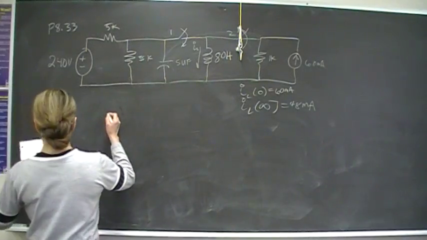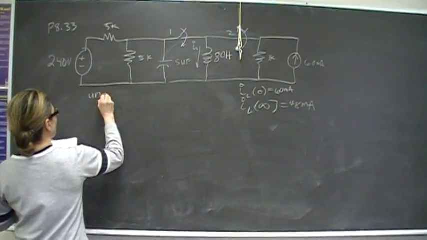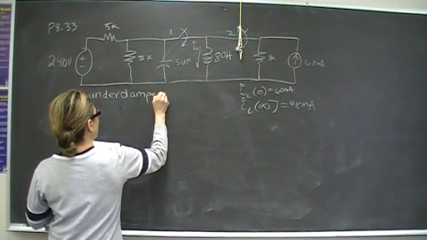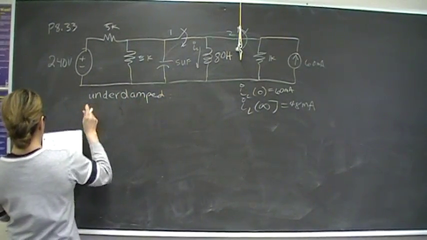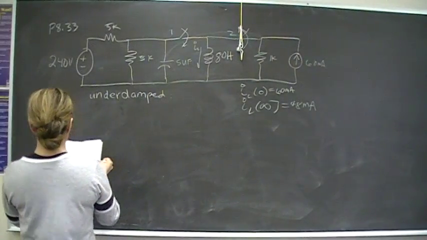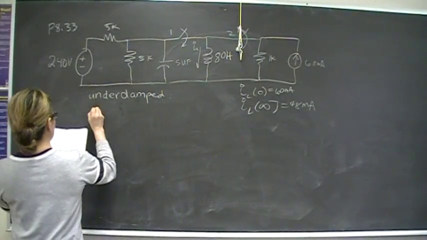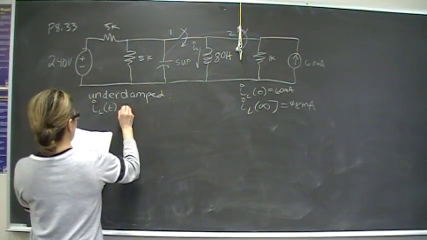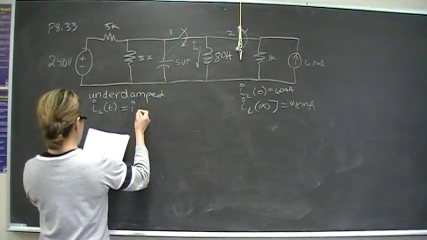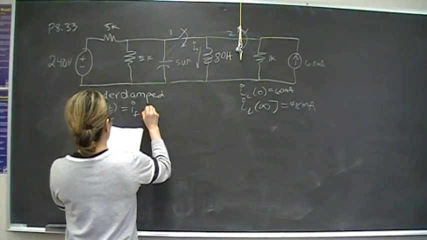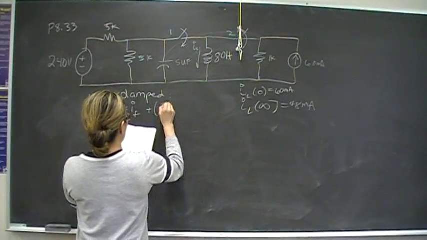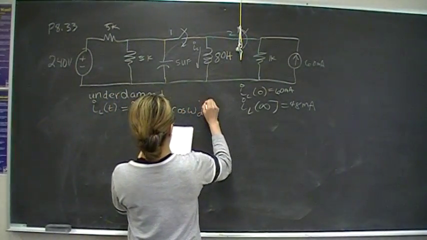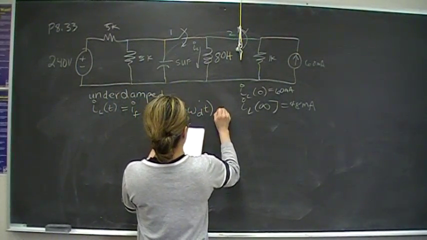So for the underdamped, the equations are, we're looking for di/dt, and this is the final equation, IL of t will be I final plus B1 prime cosine omega d t plus B2 prime sine omega d t, all times e to the minus alpha t.